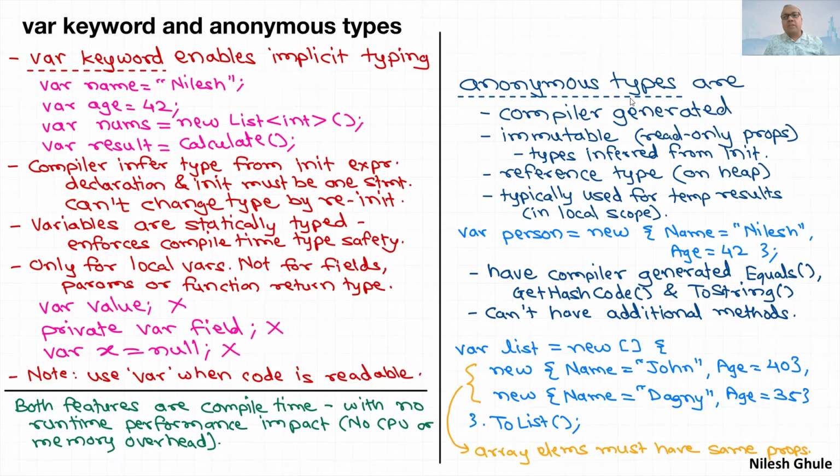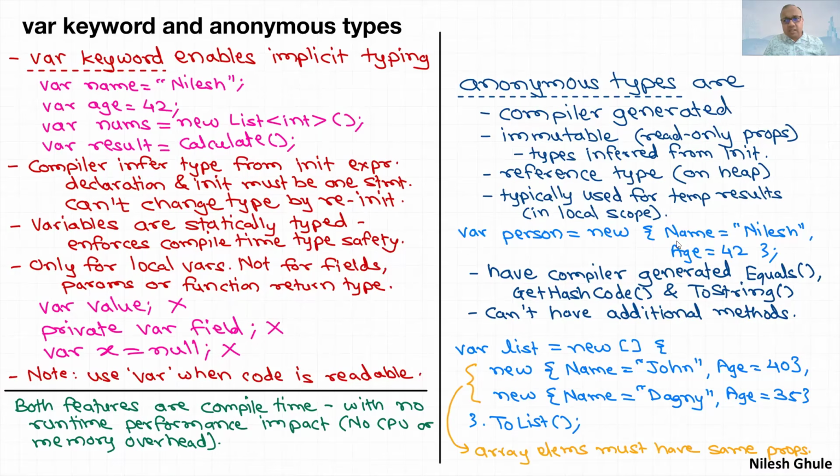Anonymous types are compiler generated, immutable reference types, and they are primarily used for storing temporary results in the local scope. You can see one quick example over here. Here I have used new, and then instead of giving any type name, I directly use curly braces. And inside these curly braces, I'm writing name is equal to something and age is equal to something.